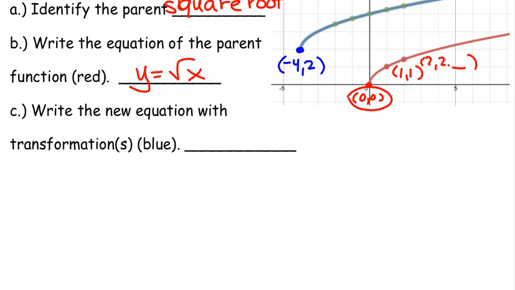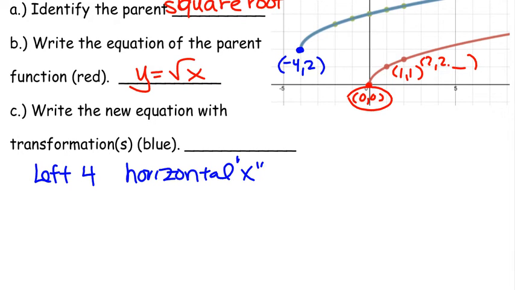So left 4 is horizontal axes. That's your x-axis. And then up 2 is your vertical axis, which is your y. All right, so let's write our new equation.